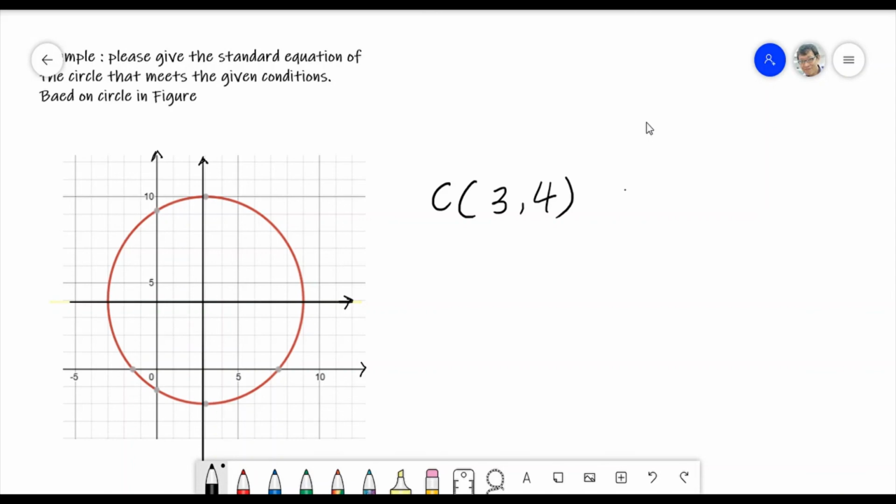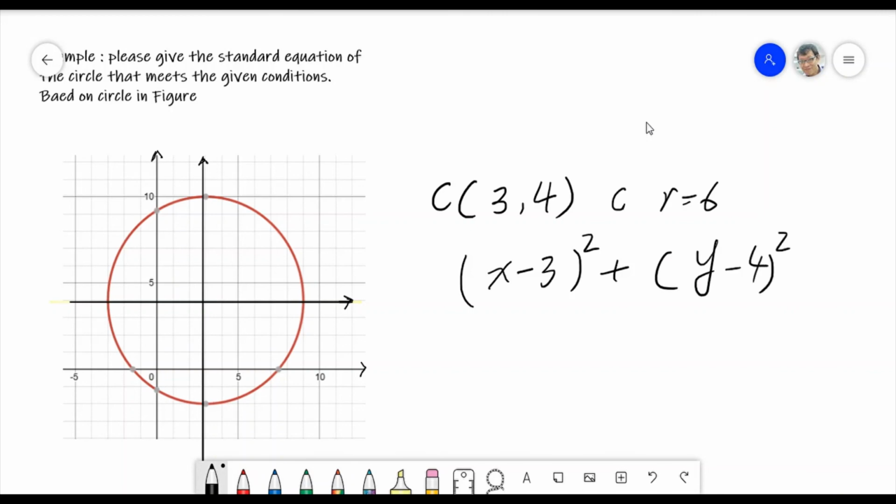So radius equals 6. So the function looks like x minus 3 squared plus y minus 4 squared equals 6 squared.